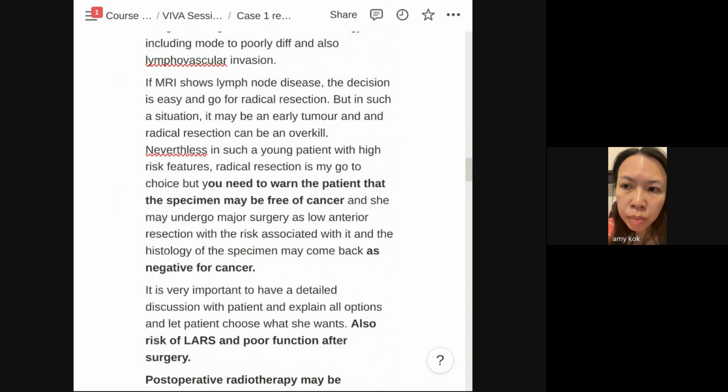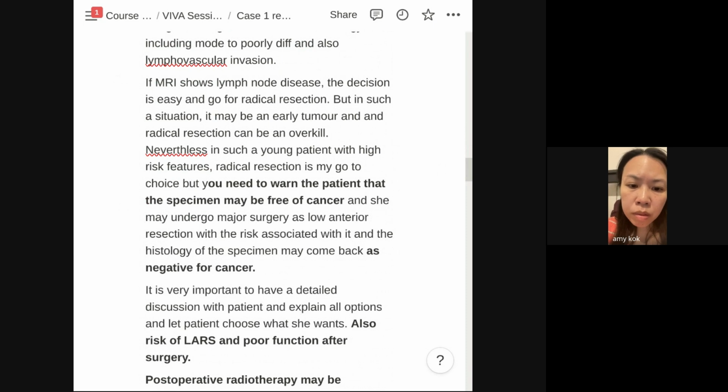So he may not be able to tolerate an ultra major surgery like a TME. I will still discuss all the options with him, but I would think TME may be too high risk for this patient.